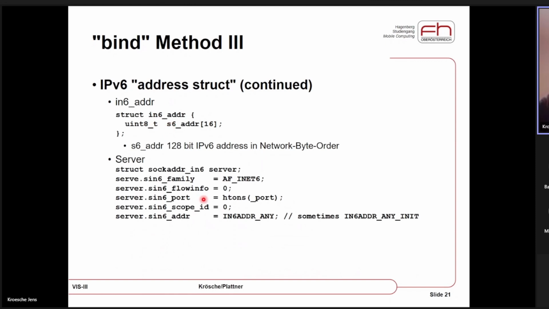And so basically the socket address struct will be filled with the address family information, with the port information, and the address. On the server side, we use, again, in-address any, and there is a version 6 of this, in6 address underscore any, or sometimes in6 address underscore any underscore init.